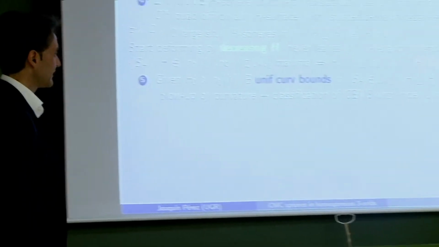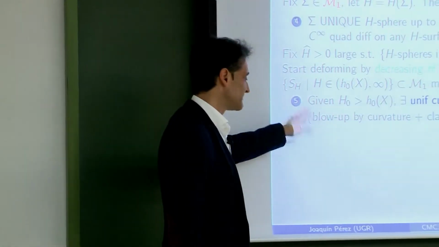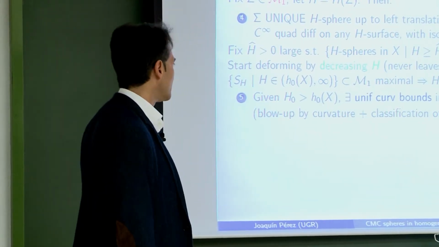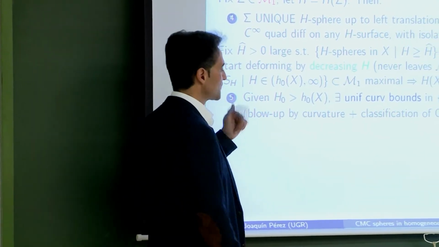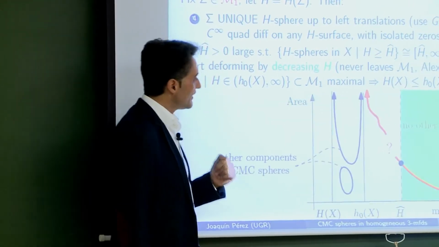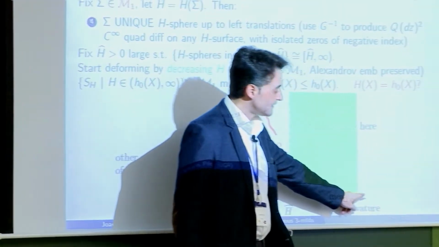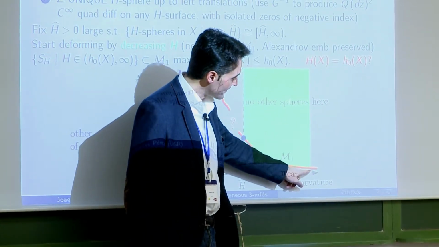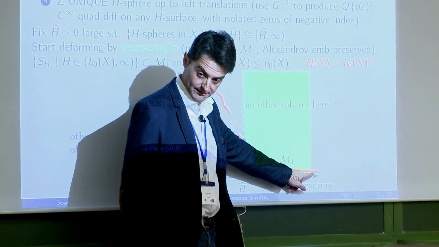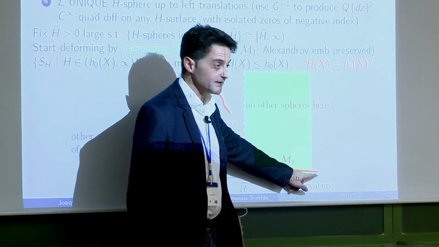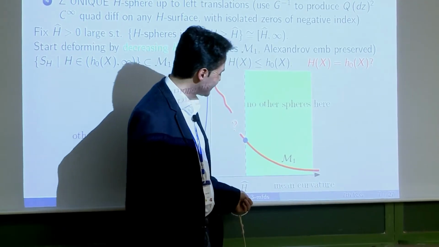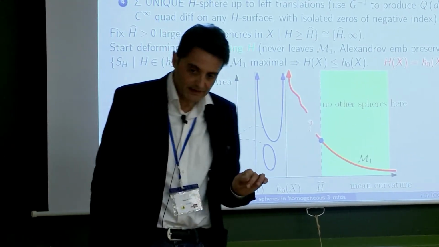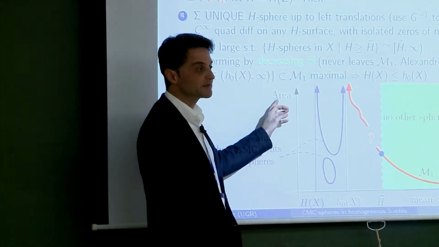Because of a blow-up argument. Here I have written some argument, but yesterday I thought that it was more natural to say the following thing. Here I explained some minutes ago that you can think of this as isoparametric spheres, where the value of h is extremely large and the sphere is very tiny, very, very small. The area is very small.